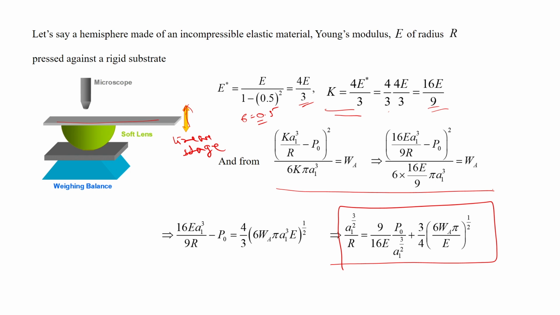This is an optical microscope, this is a weighing balance, and this deformable sphere is brought in contact with this particular solid surface. Let us say this is a glass plate or a silicon wafer. And this particular soft lens can be a soft rubber lens, or for example a silicone lens, or something like that.